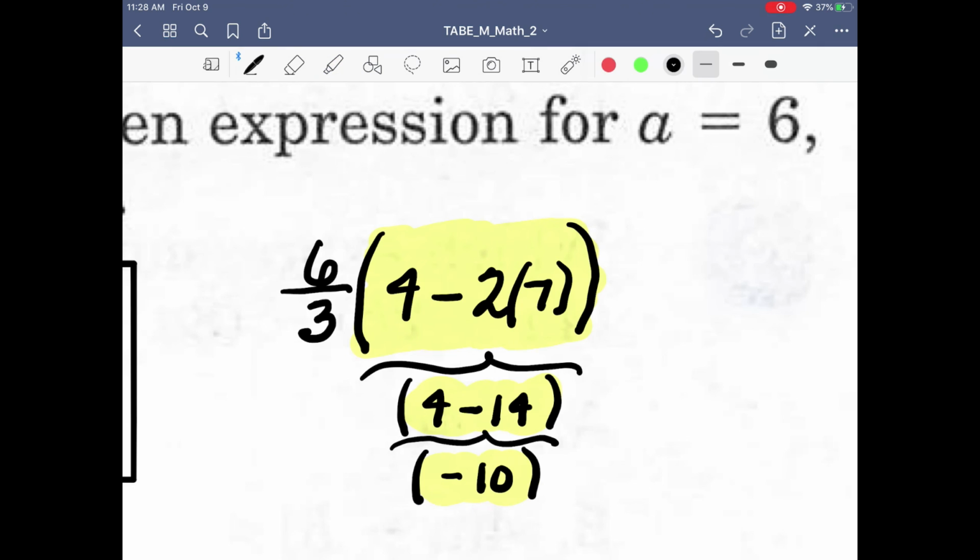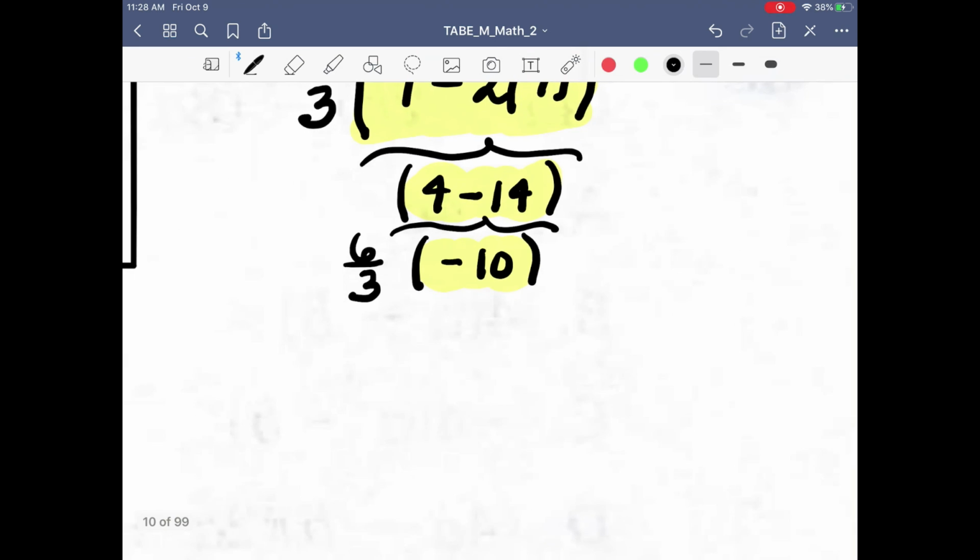Then you bring down your 6 over 3. Now if you have the Casio calculator, you can go ahead and just put that in as a fraction if you want. But I'm going to do this just in case you may not have that particular calculator. So what is 6 divided by 3? That's 2.